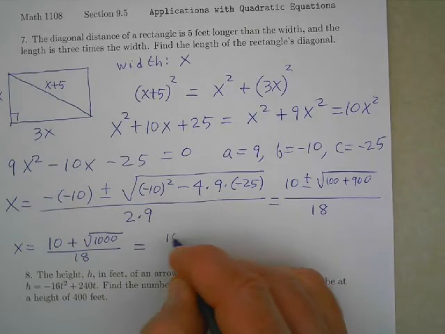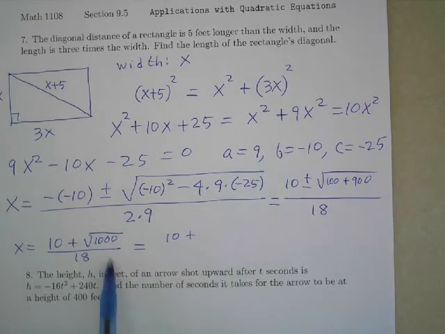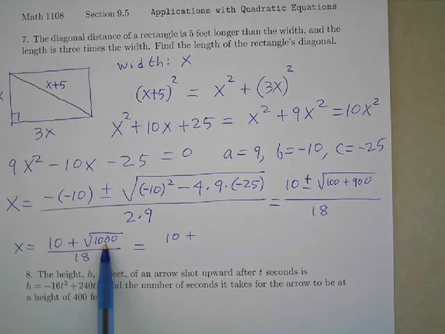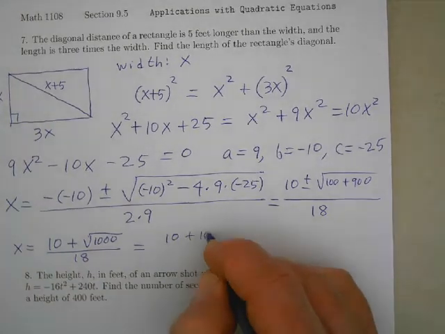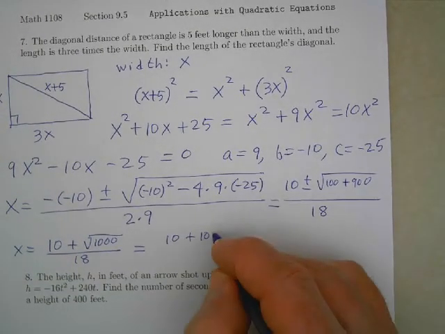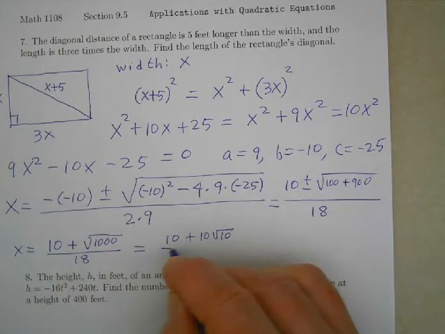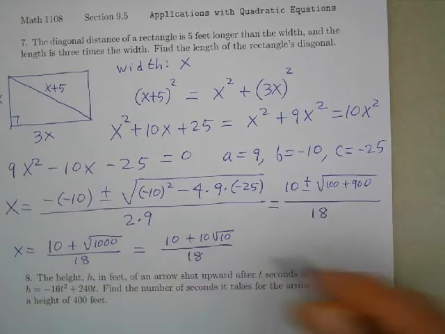And we can simplify the square root of 1,000. The largest factor of 1,000 that's a perfect square is 100. 100 times 10 is 1,000. The square root of 100 is 10, so we get 10 plus 10 times the square root of 10 in the numerator divided by 18.